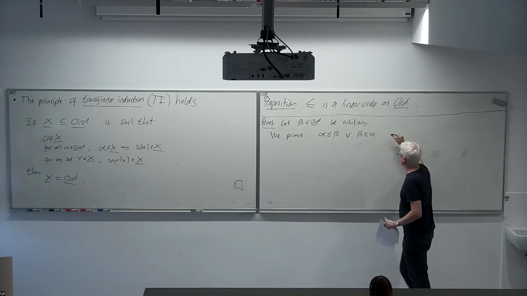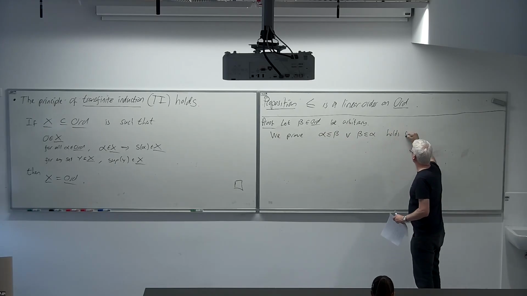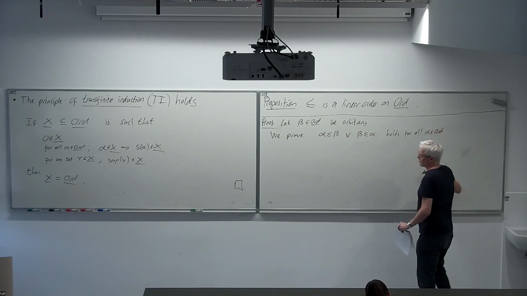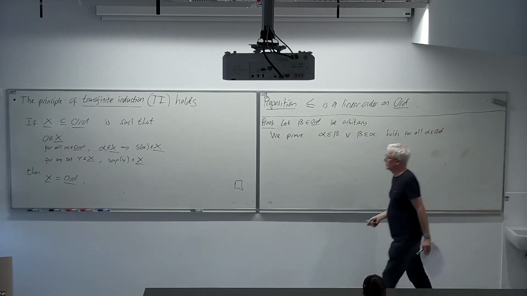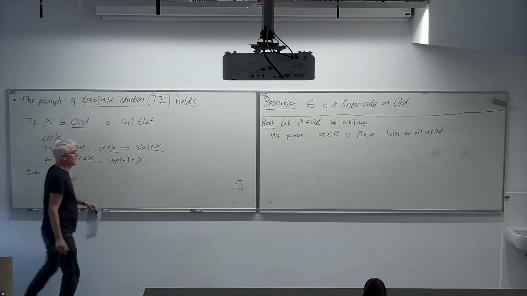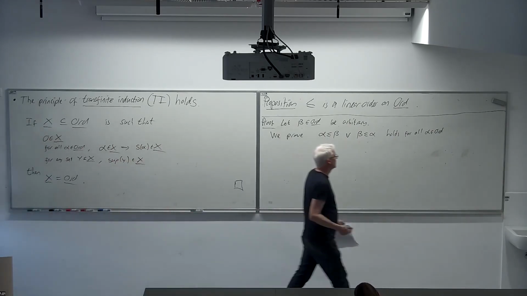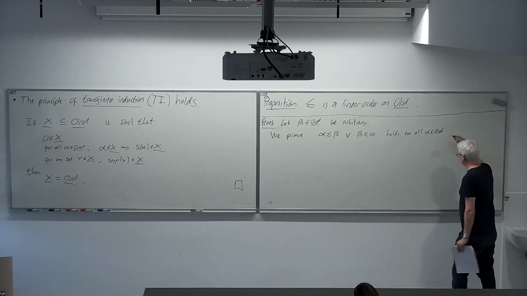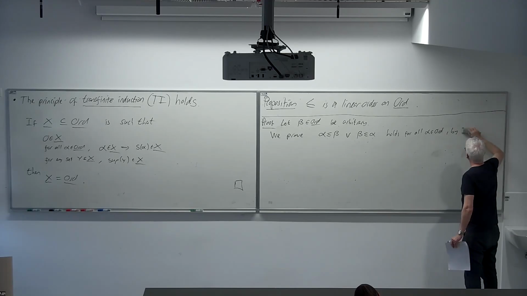So we'll prove that this disjunction holds for all alpha by transfinite induction, and we say it's transfinite induction on alpha, because that's the variable we're doing transfinite induction on.